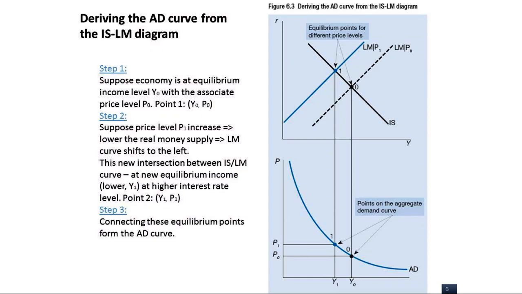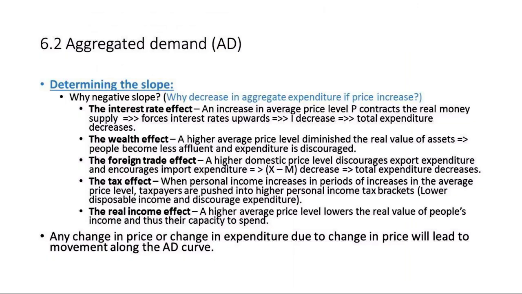And again, you find this negative relationship between price and income, and that gives you the slope of the AD curve, or the aggregate demand in the economy. So if prices are higher, our incomes are lower from the view of aggregate demand.